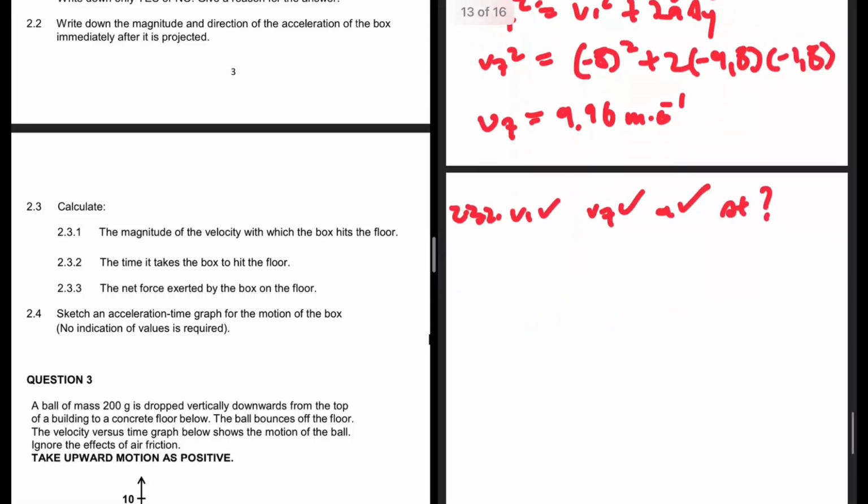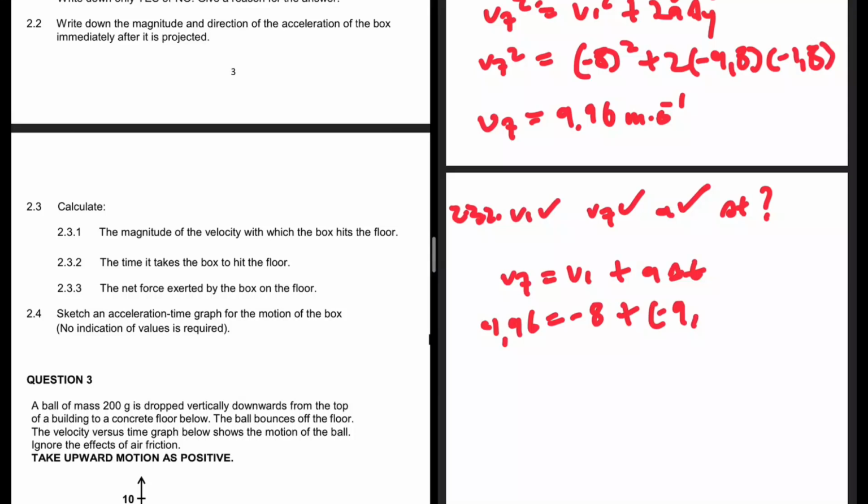Seems quite straightforward. So I'm going to say VF equals VI plus a delta t. So VF is 9.96. VI is minus 8 because it's downwards, right? Plus the acceleration, which is minus 9.8 multiplied by delta t.